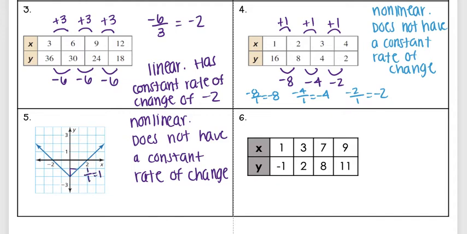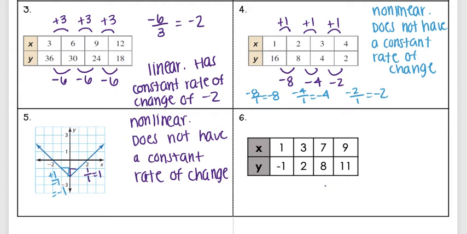However, when I'm going to the left, I still go up 1, so it's a positive 1. But then I go to the left 1, which is a -1. And so that means my rate of change over here, or my slope, is going to be -1. And since these aren't the same thing, this is going to be nonlinear. Sounds a little bit tricky.